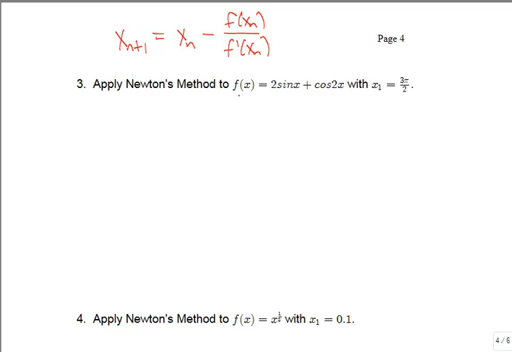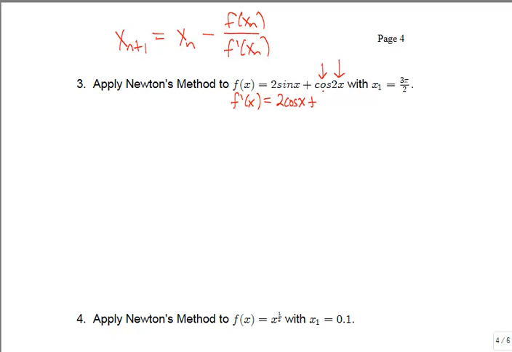So let's find out what our f prime of x is going to be. The derivative of 2 sine x: well, the 2 will stay there, and the derivative of sine of x is cosine of x. When we go to cosine of 2x, you must use a chain rule. Your outer function is the cosine, and then the inner function is the 2x.